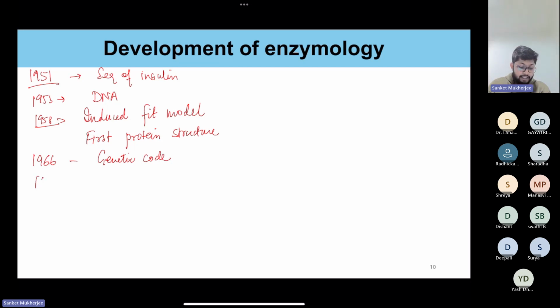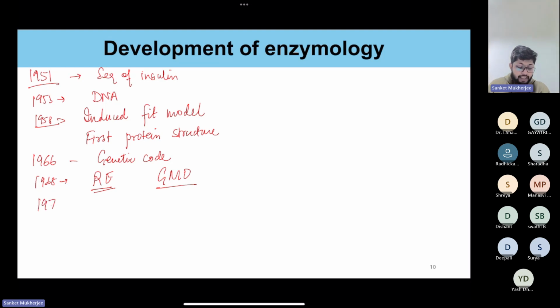In 1968, the very important discovery of restriction enzymes was made. These are very important to produce genetically modified organisms, basically clones. They can be produced using restriction enzymes, which are very much used in molecular biology.